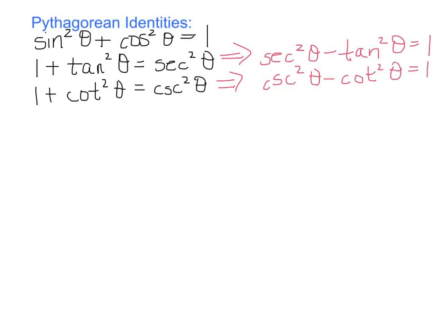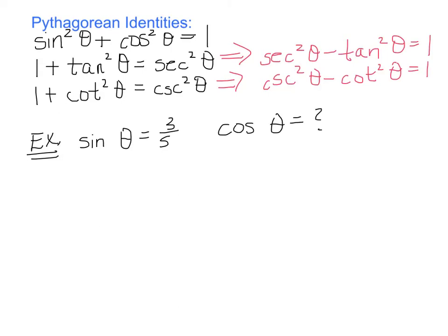And then an example of this would be, let's say they gave you sine theta was 3 over 5, and they wanted you to find cosine of theta.